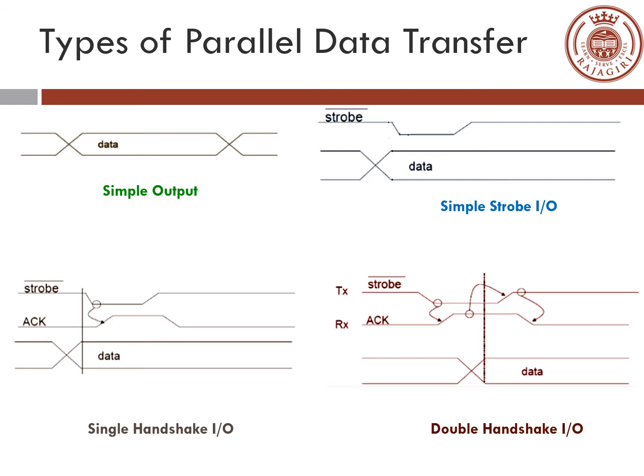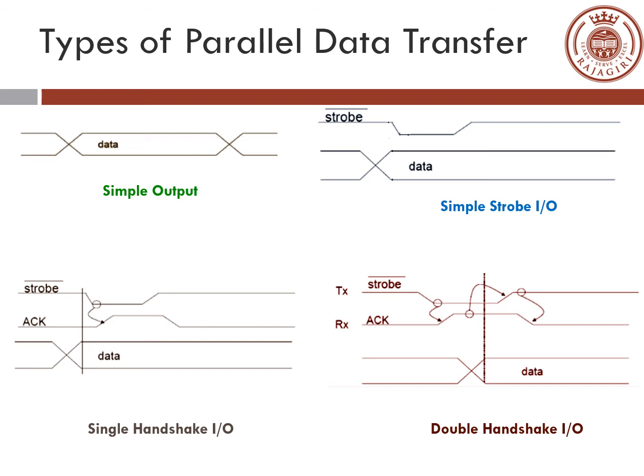Then there is the next method, which is called the single handshake I/O method, where before the data is transferred, we go through a handshake between a strobe and an acknowledgement signal, and then the data is transferred.